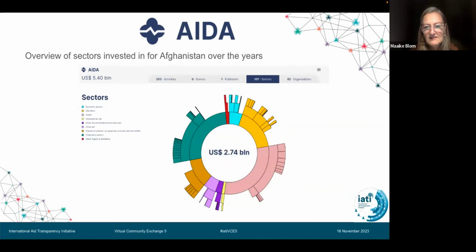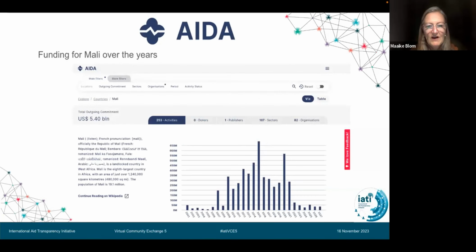This is another example where you can immediately see the sectors. So it's not just a list, but it also helps you with some visualizations of the sector codes available in IATI. And also graphs for funding over the years in a particular country. This is already available on the AIDA platform right now.